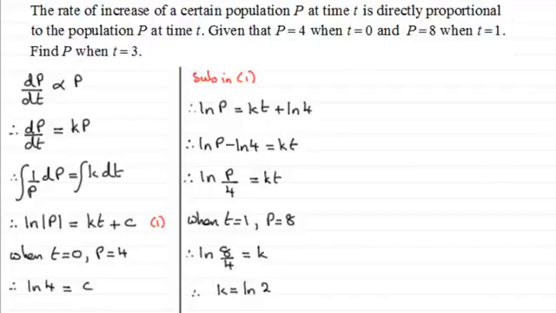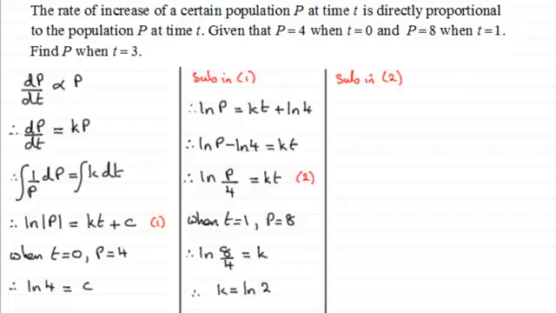Okay, so let's call this equation down here equation 2, and we can substitute into that equation the value that we've just now found, k. So we can say sub into equation 2, and therefore what we've got is the natural log then of p over 4 equals k times t.